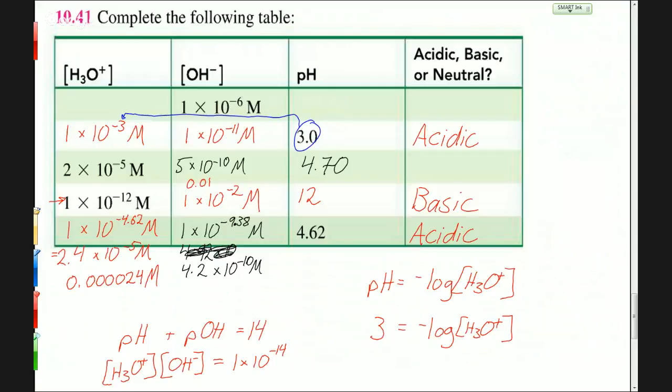So then this first one would be... kind of completes that table.